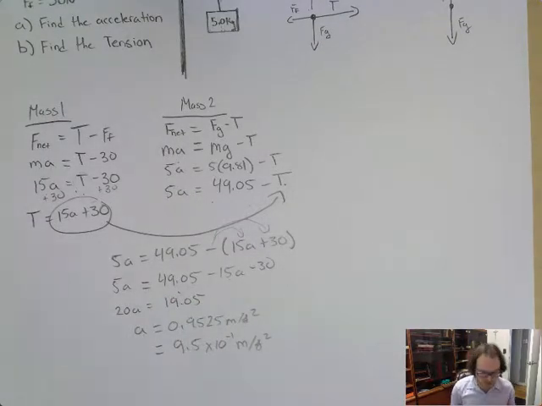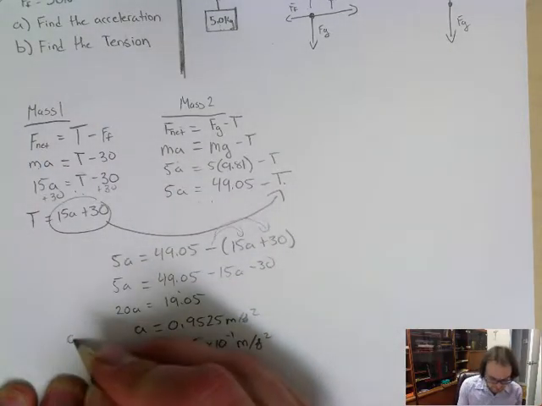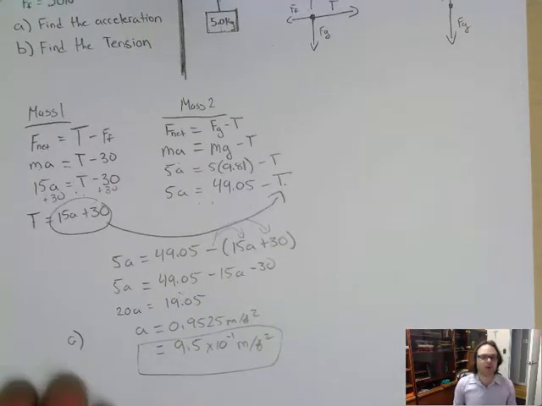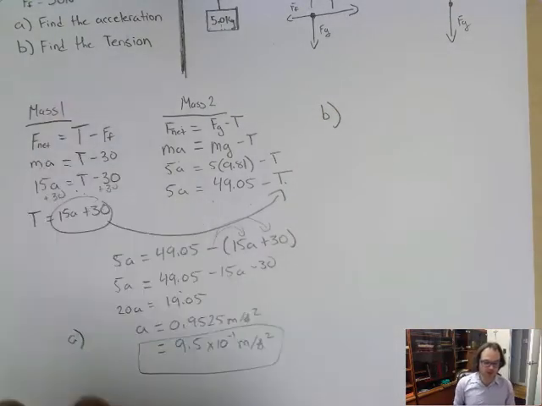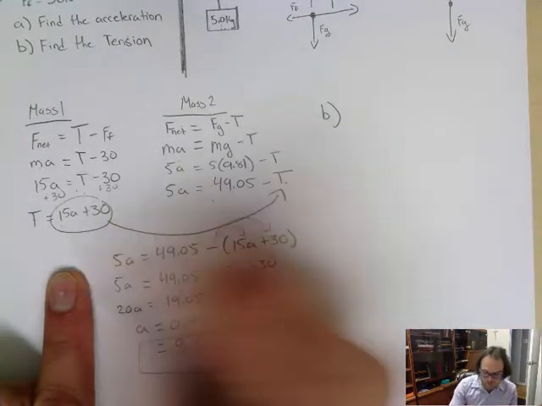Now let's look at my next part here. We have A is done. Here's my answer for A. Now we want to find B, which is my tension. My tension for this one, we already kind of solved for it there.